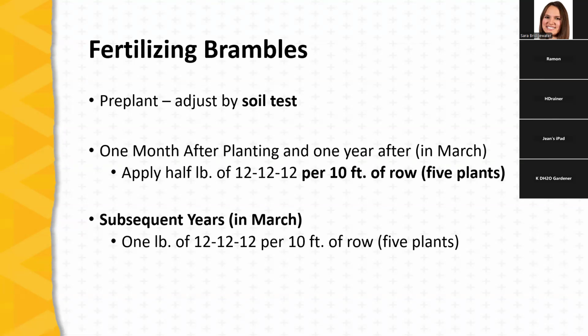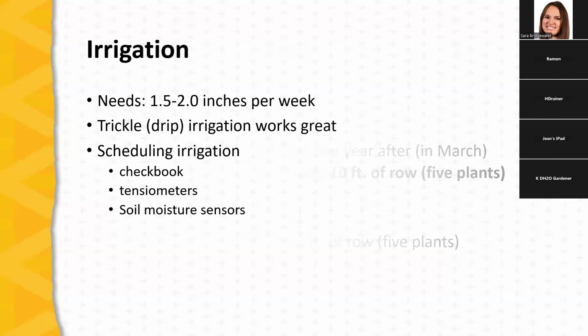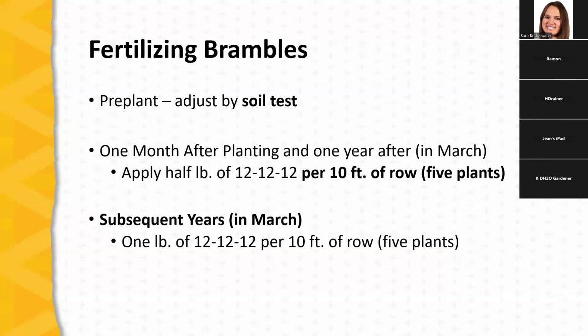Fertilizing. Fertilization normally is pre-planned depending on the soil test. So that's what we recommend, to do the test, and that will give you a recommendation. Most likely what is recommended is about half a pound of 12-12-12 per 10 feet of row.